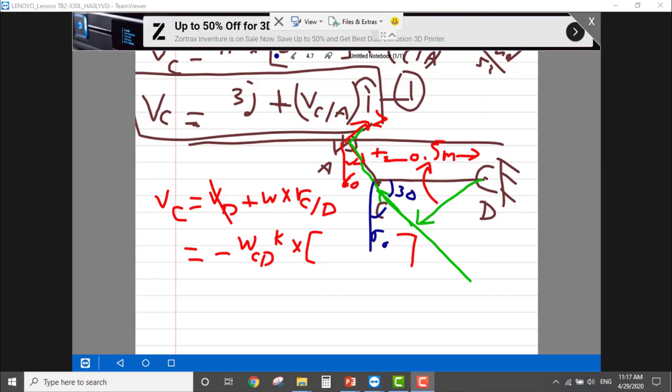Now I will name this one Y and this length is X. So sine 30 is equal to Y over 0.5. So Y is equal to 0.5 sine 30, and X is equal to 0.5 cosine 30.